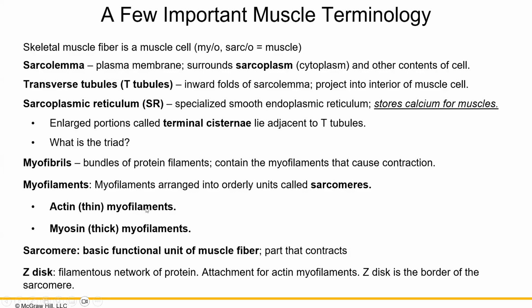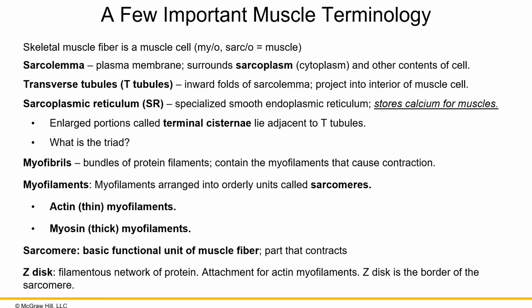And so these myofilaments are part of the reason why our skeletal muscle shows up under the microscope as striated, because they stain slightly different colors. So we've said this already, our sarcomere is the basic functional unit. And so our muscle fiber is a muscle cell. The sarcomere is the basic functional unit of the muscle.